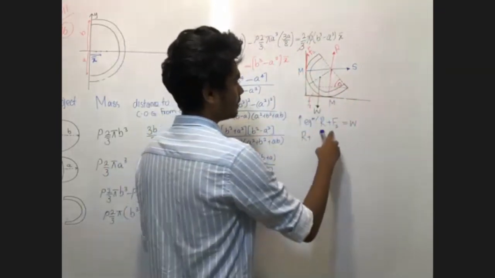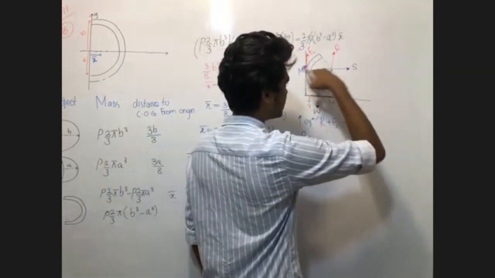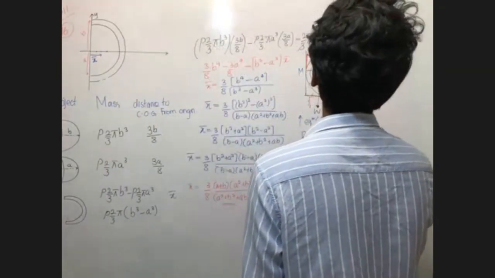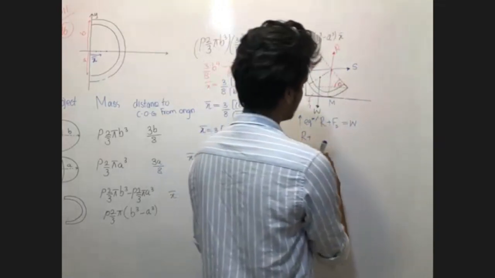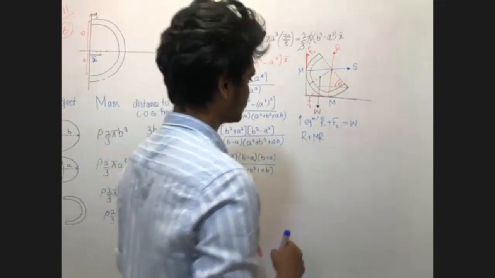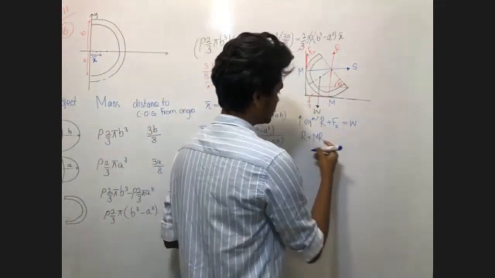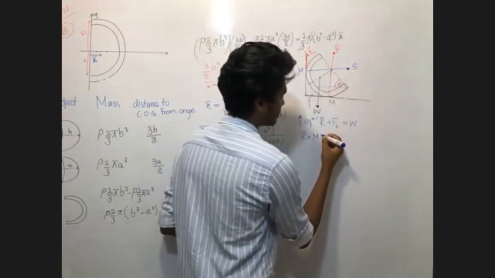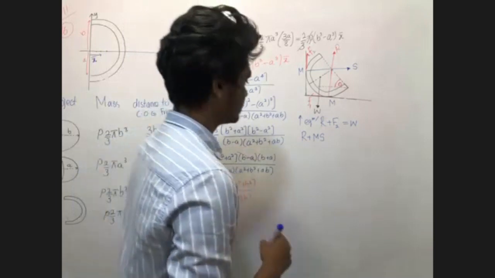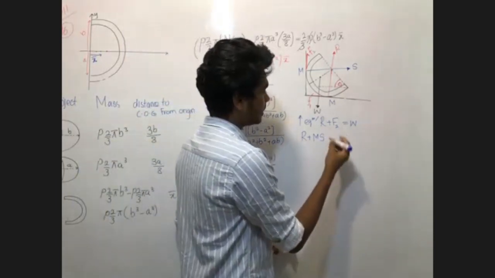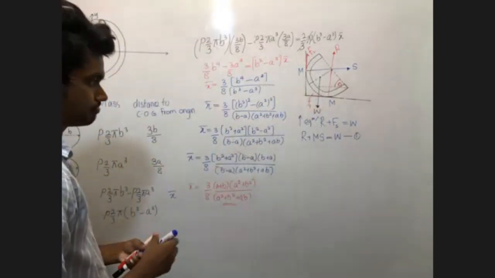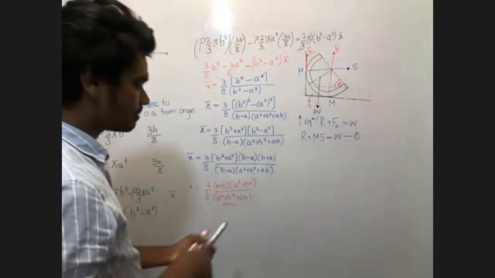F2 is mu into S, mu into the reaction, not R, mu into S. So mu into S equals W. First equation.